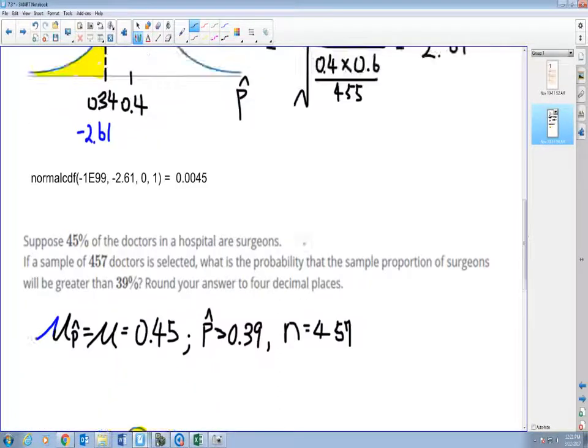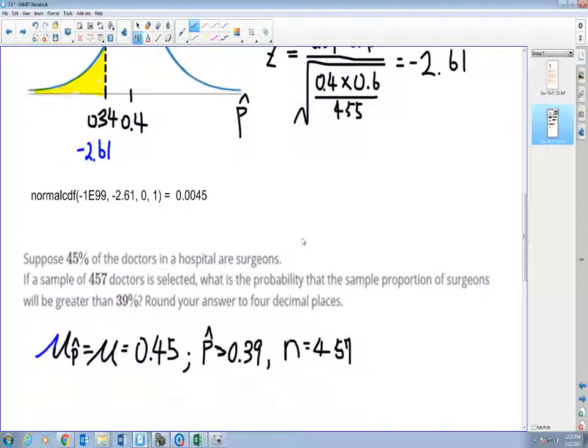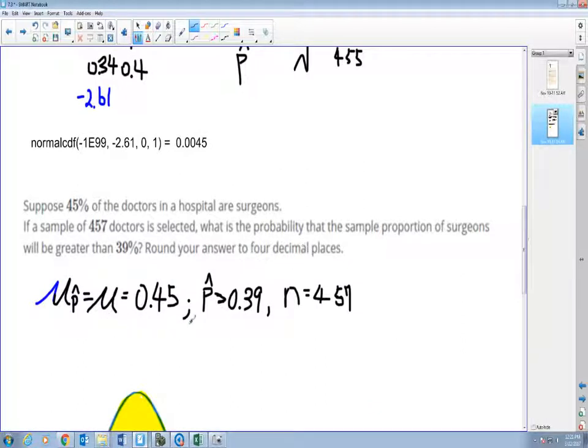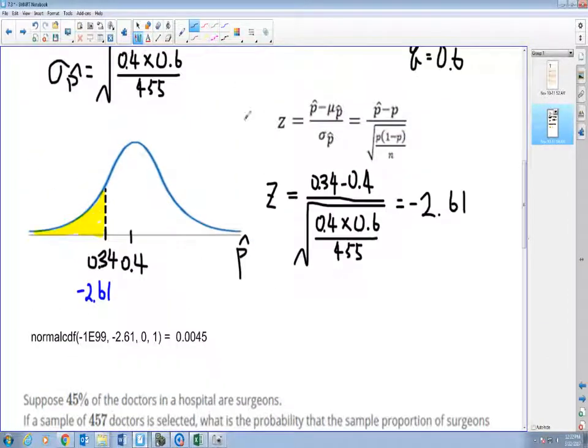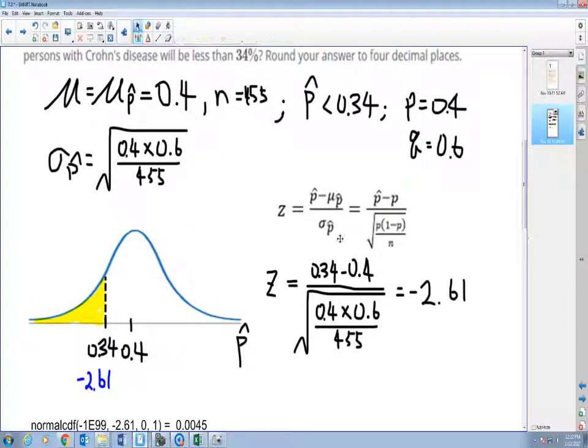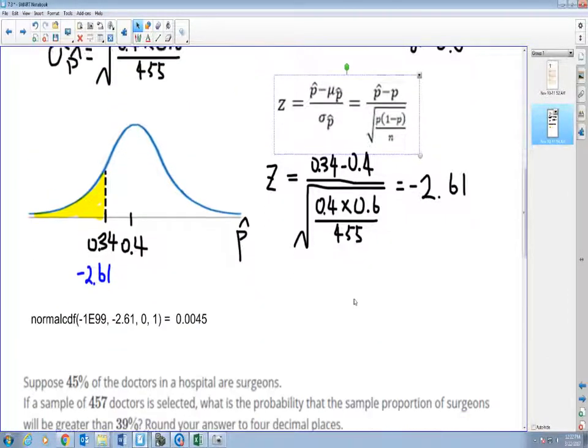Real quick. Alright, my population proportion P is 0.45. So if P is 0.45, Q has got to be 0.55. So I'm going to bring this one back here.